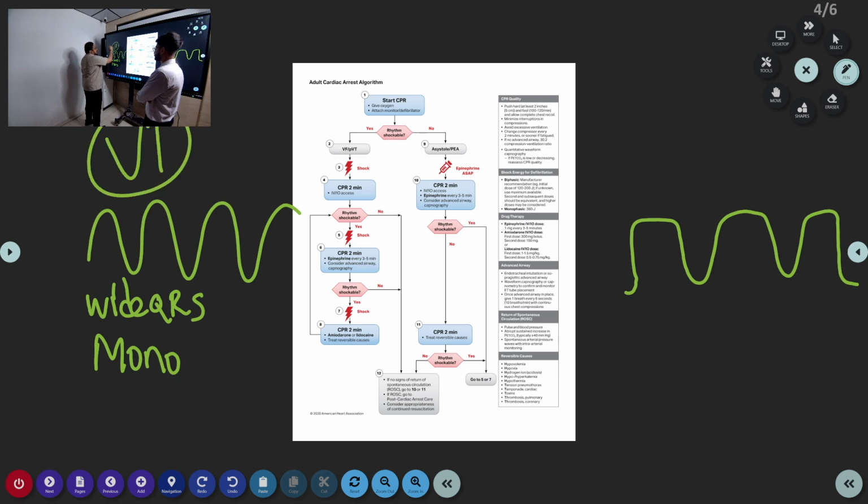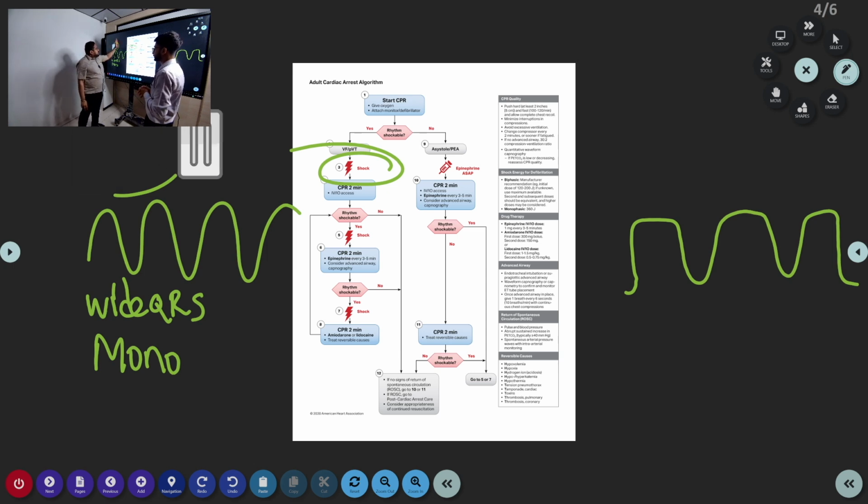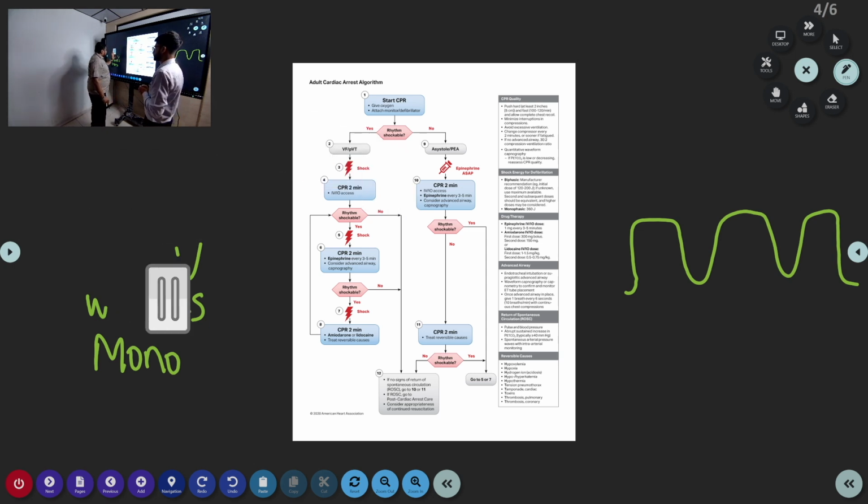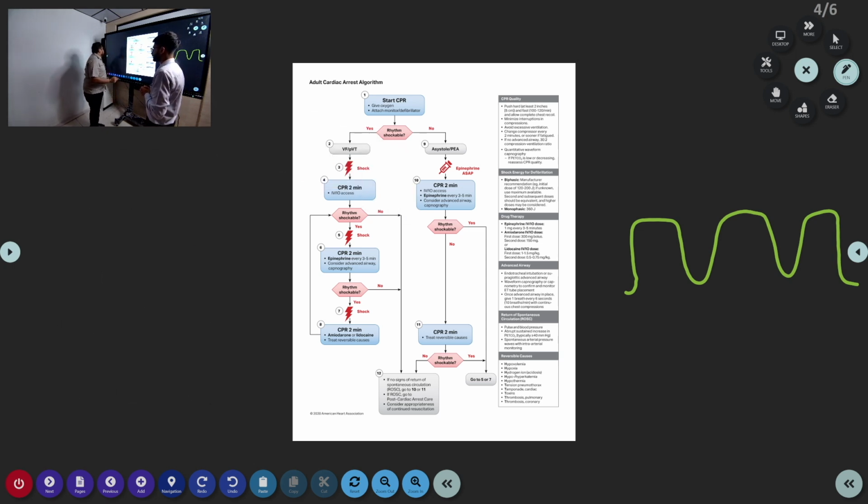So ventricular tachycardia, what is the treatment? Whenever you see a shockable rhythm, what is the first treatment? You need to administer a shock. As ours is a biphasic defibrillator, we started with 200 joules. So first it was a PEA, then epinephrine was given, and one cycle of CPR was continued.